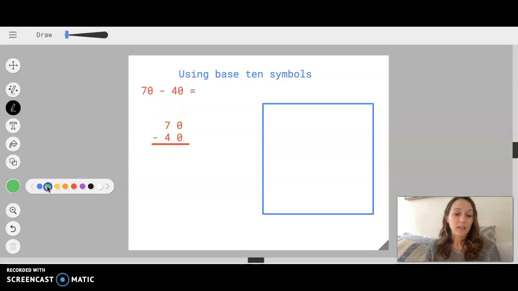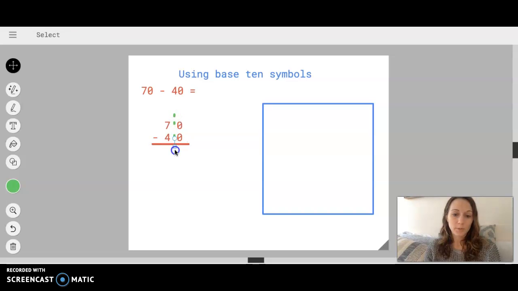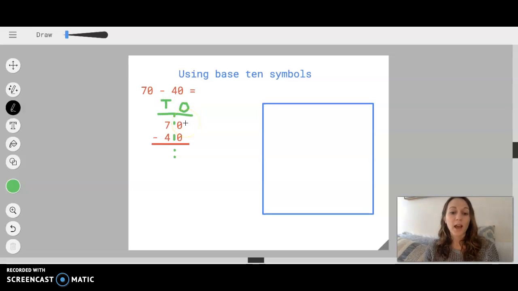So if I drew my imaginary line, I would know that on the right side it's going to be my ones and on the left side it's going to be my tens. Some of you are going to be able to just look going down and subtract, so you know 0 minus 0 equals 0, and you could subtract the 10 side too. But today I really want us to practice using base 10 symbols.